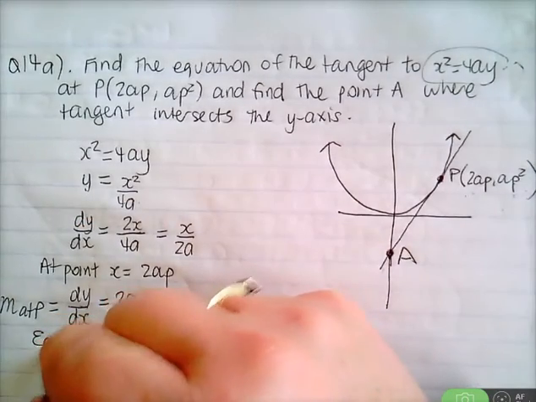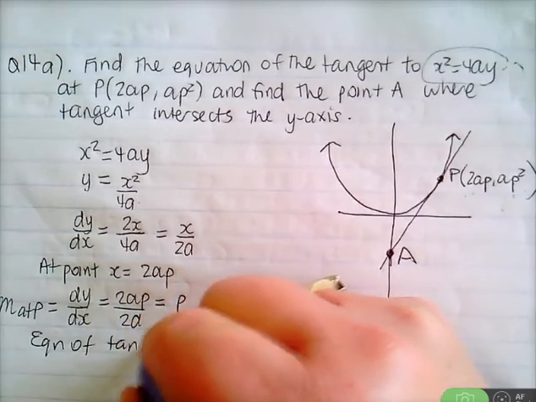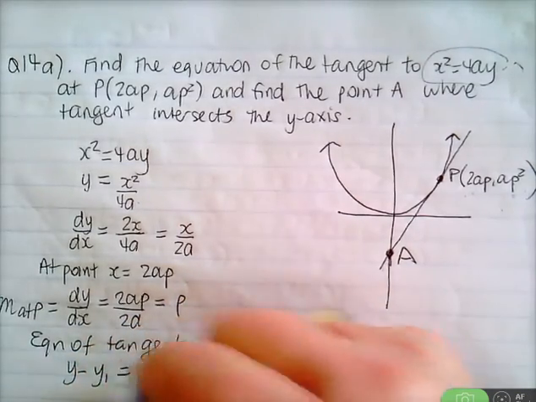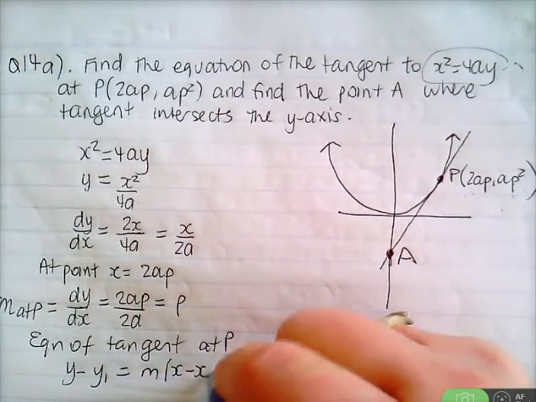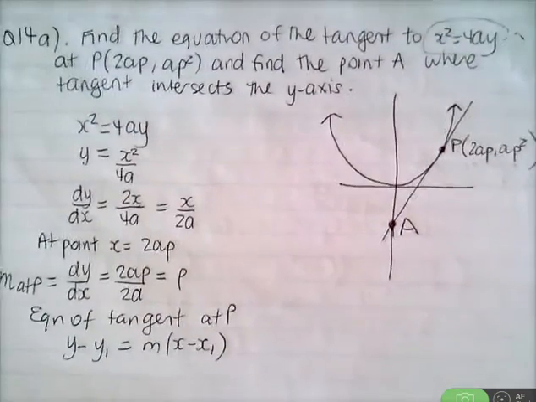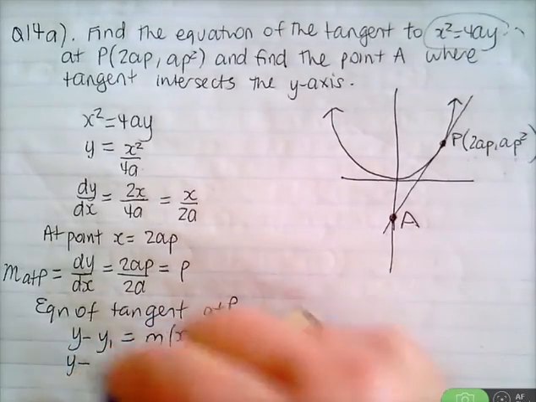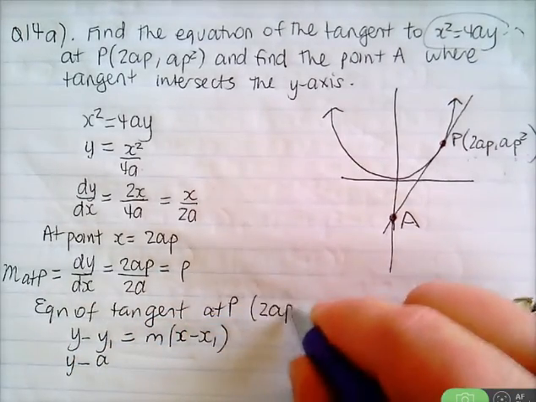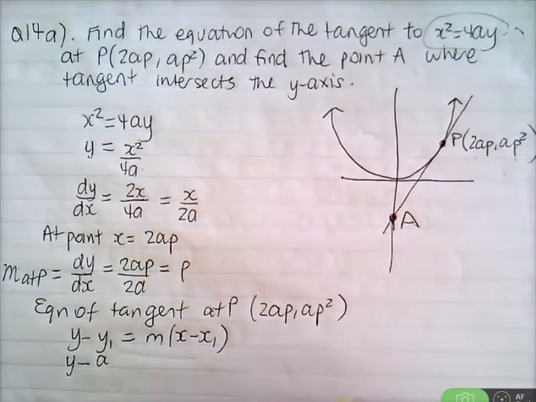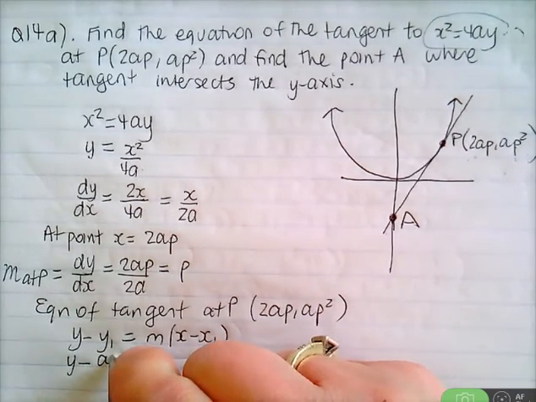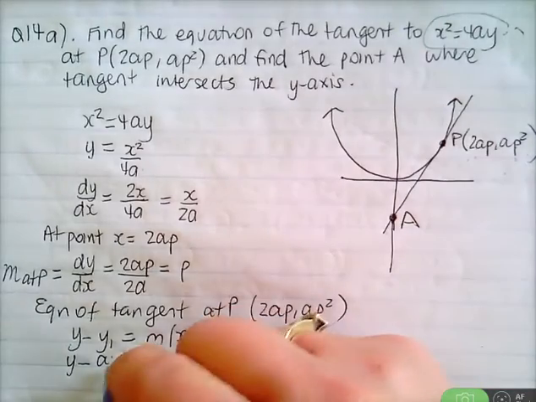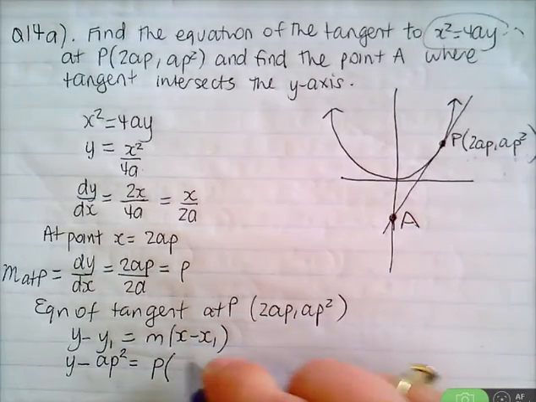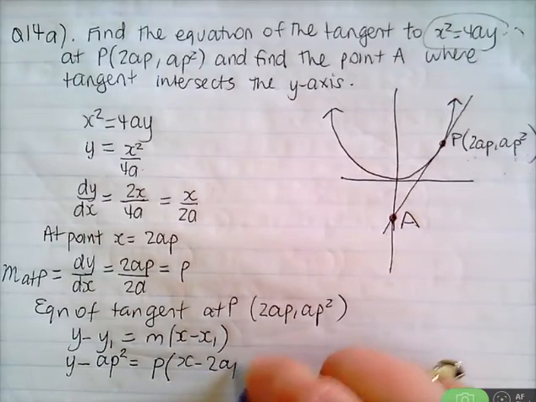So equation of tangent at P, always point gradient. Y minus y1 equals m, x minus x1. You know what you're doing? P is the point (2ap, ap squared). Y minus ap squared equals p is the gradient, x minus 2ap.